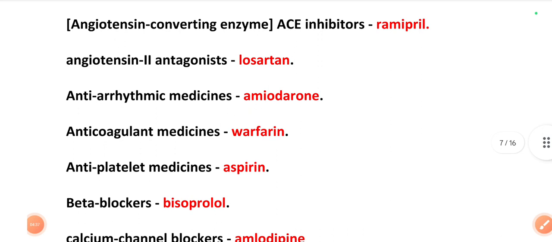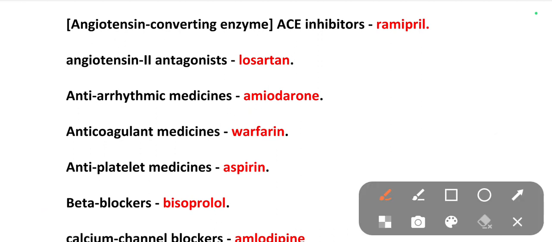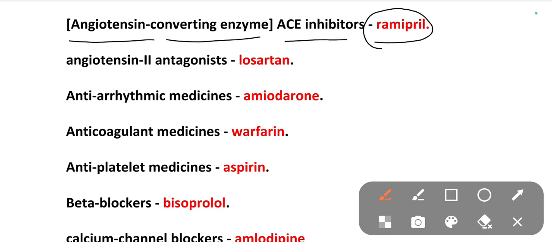We will see some of the points here. The first one: angiotensin converting enzyme, ACE inhibitors, are ramipril. So ramipril is a drug that comes under the ACE inhibitors, and losartan is a drug that comes under the angiotensin 2 type.